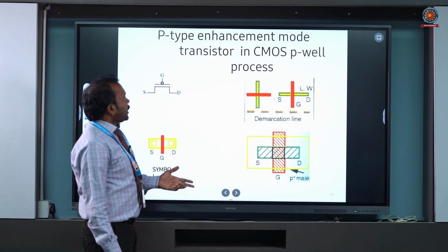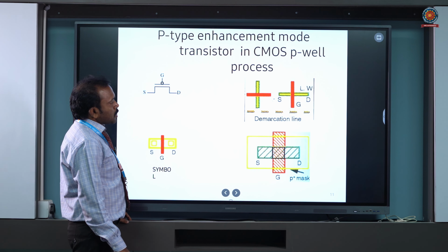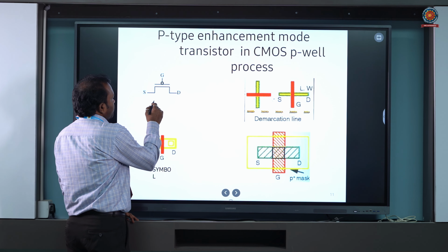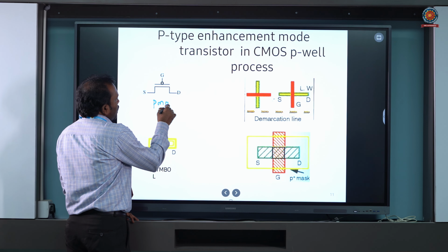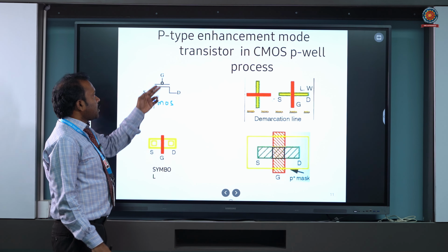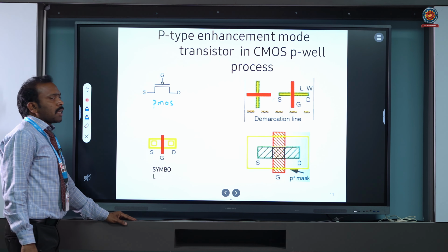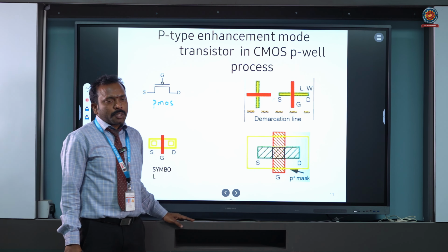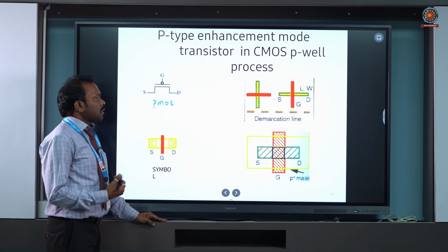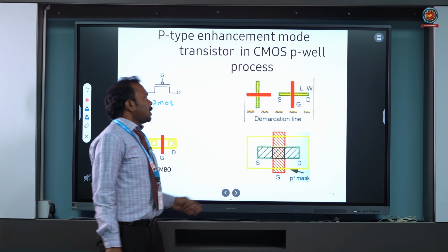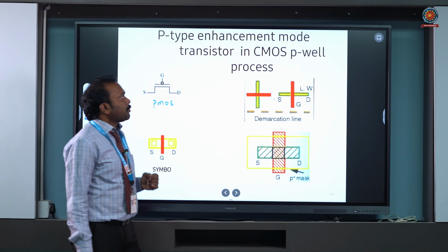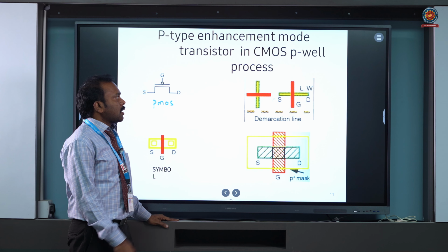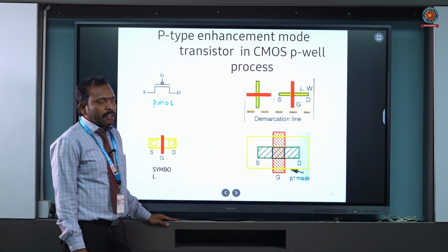Now this is the P type enhancement type in the CMOS well process. This is your PMOS transistor. The one with the bubble indicates your PMOS transistor, with gate, source and drain, and here a demarcation line is specially used. It is similar to that, except that here I am using yellow for the P diffusion, whereas in the NMOS transistor we use green for the N diffusion.